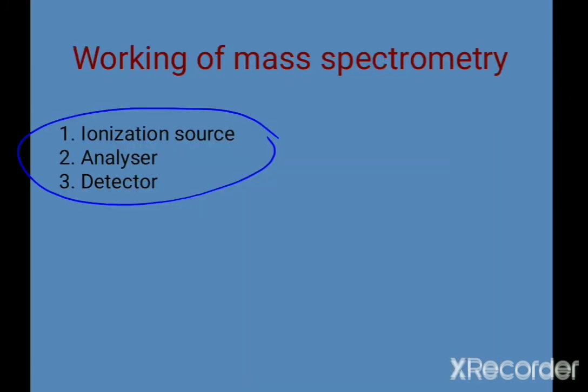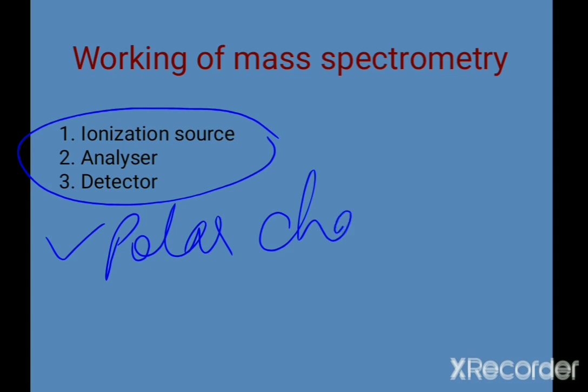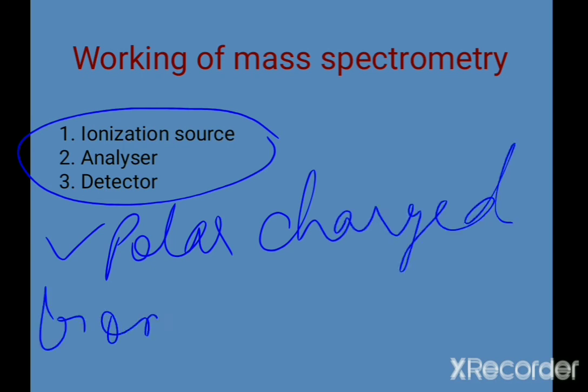So important points to be taken care of is that the principle of working of mass spectrometry is to create gaseous phase ions from the polar charged biomolecules like peptides, proteins and nucleic acids.